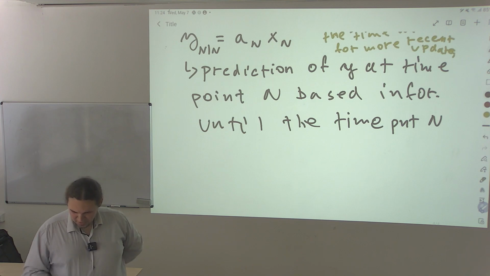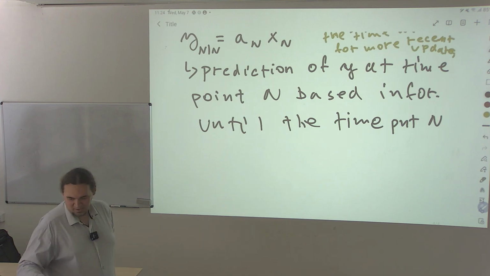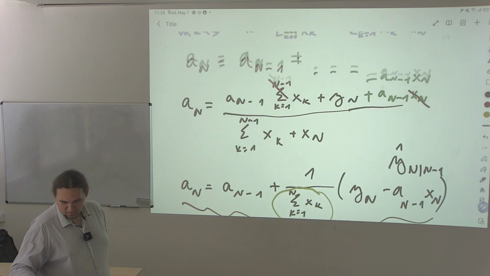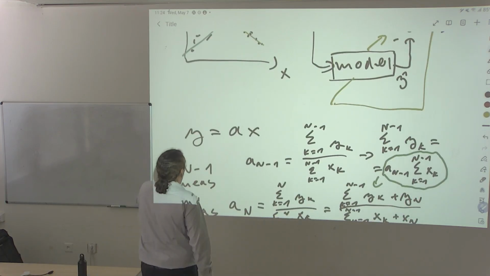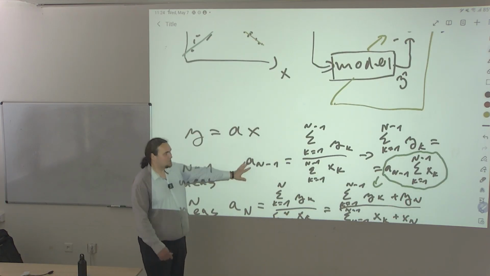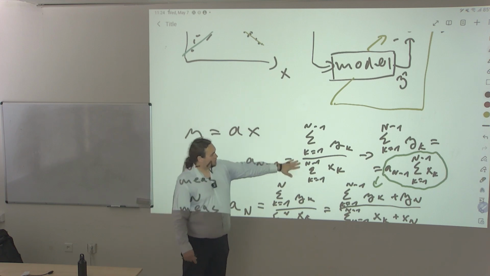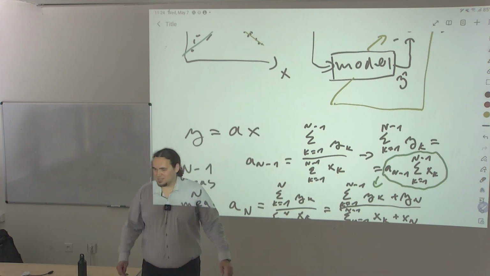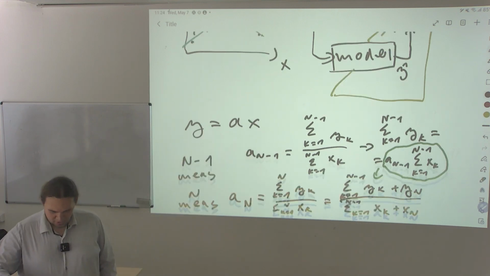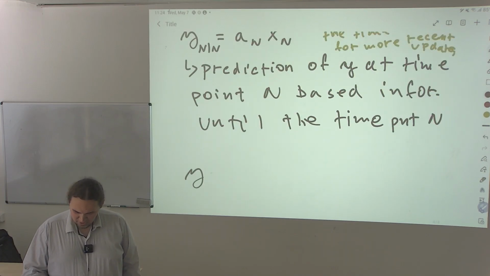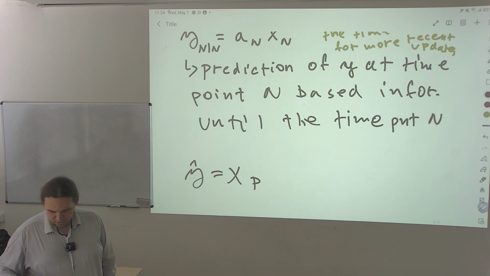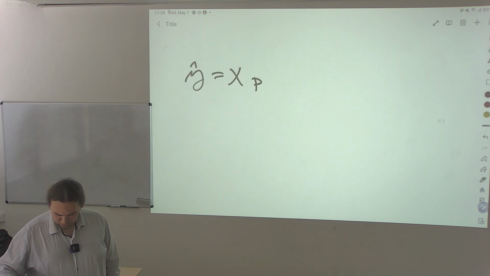Okay, so this was the part with how we can update slopes, or let's say a slope, because we kind of assume that a is a scalar. So the question is how this works in the general situation. In general, this used to be our prediction model.